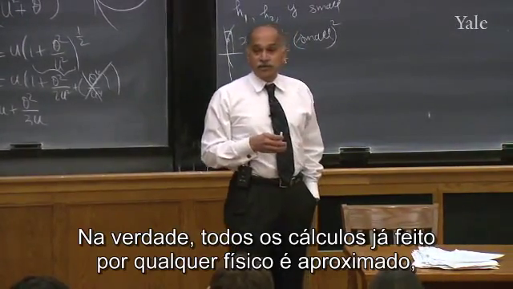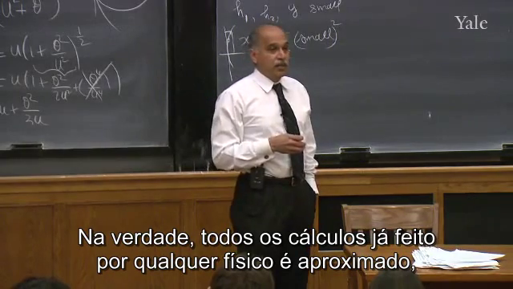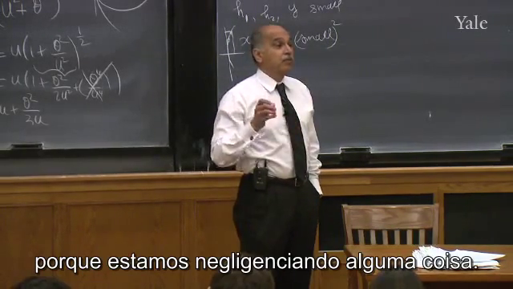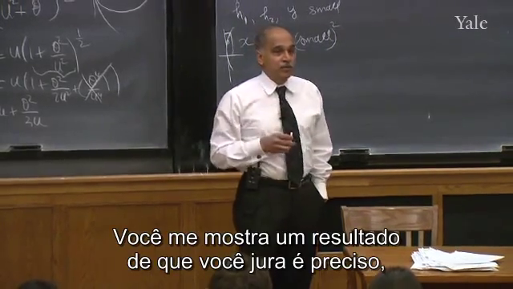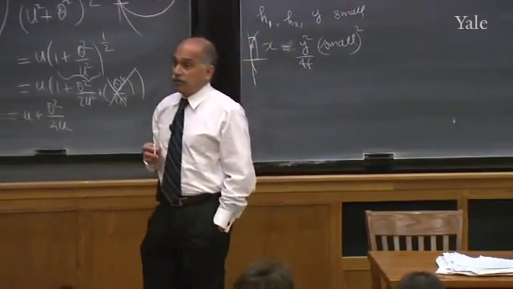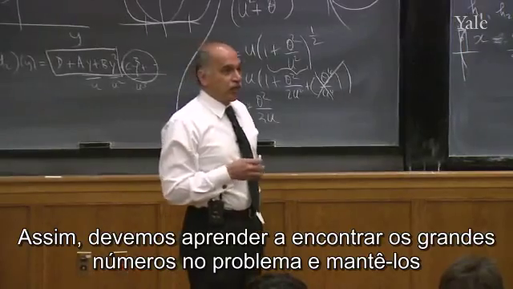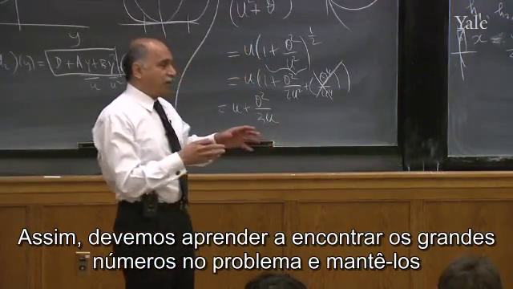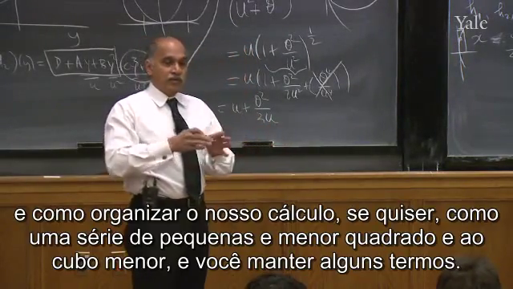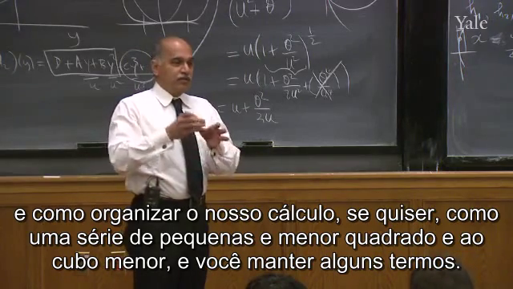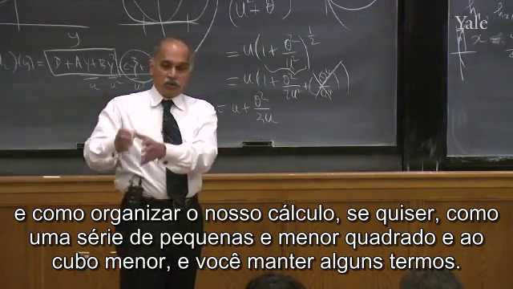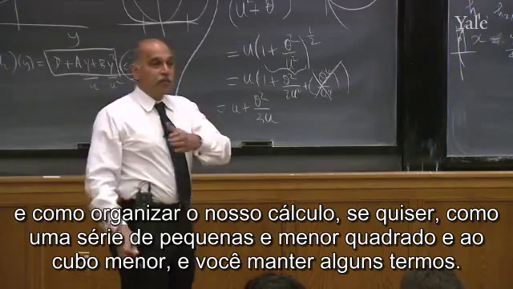In fact, every calculation ever done by any physicist is approximate because we're neglecting something. You show me one result that you swear is accurate. It is not. Everything has got corrections. So we should learn how to find the big numbers in the problem and keep them, and how to organize our calculation, if you like, as a series in small and smaller squared and smaller cubed, and you keep a few terms.